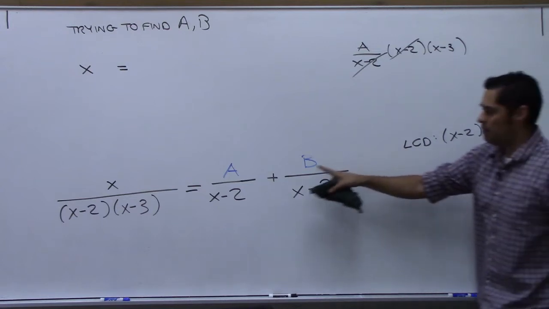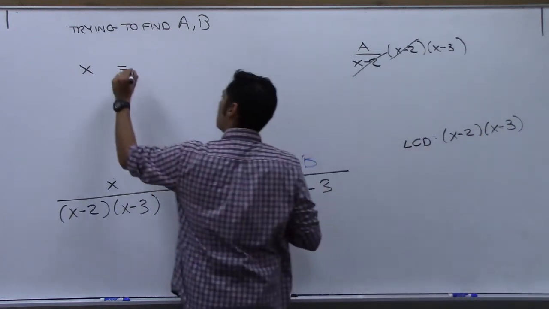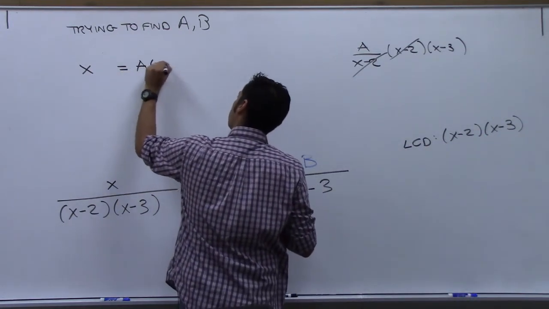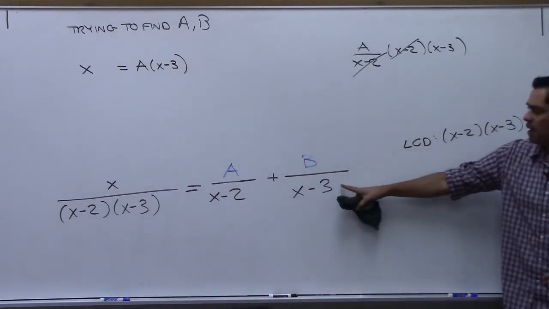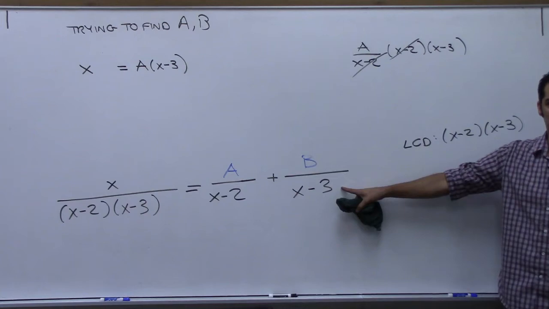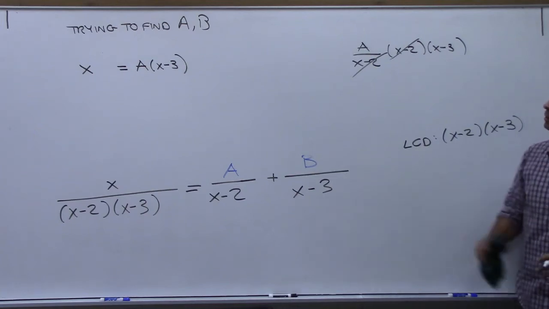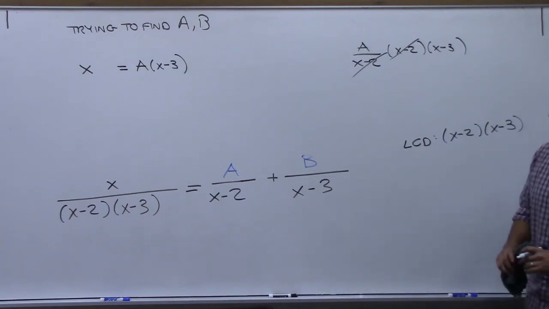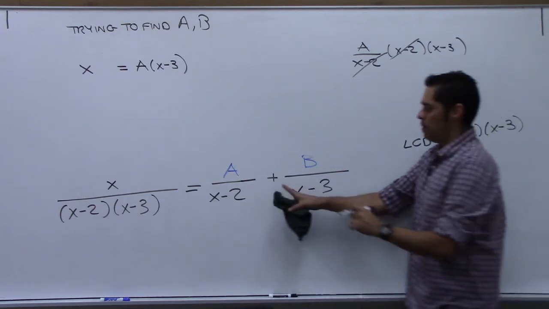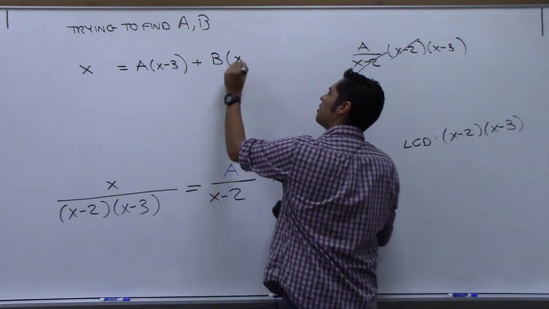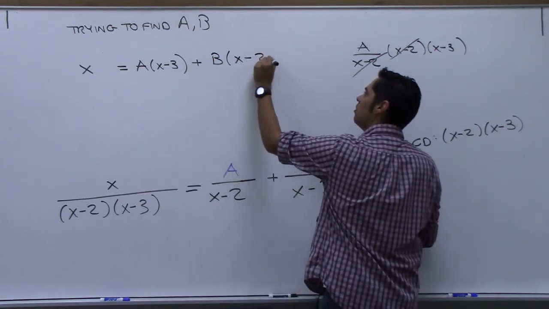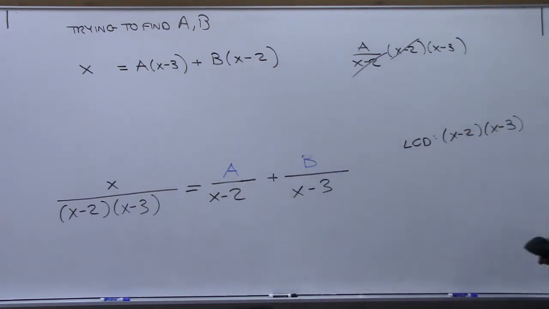So that's what I get when I multiply this one times LCD: A times x minus 3. And then when I multiply this one by the LCD, what happens? It'll be plus B times x minus what? 2. Do you all have any questions?